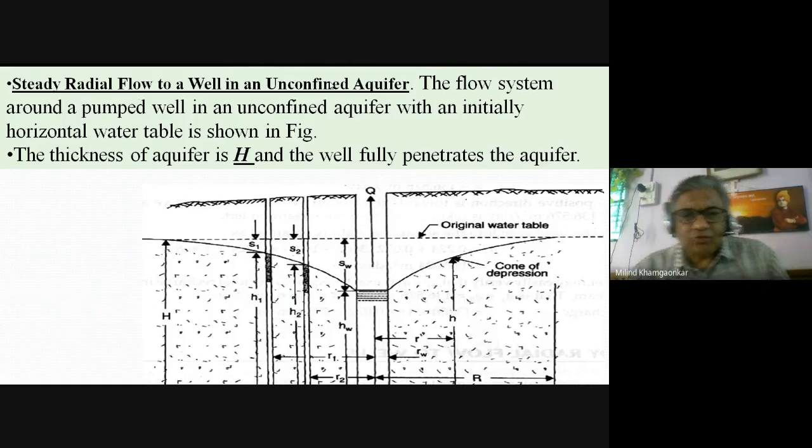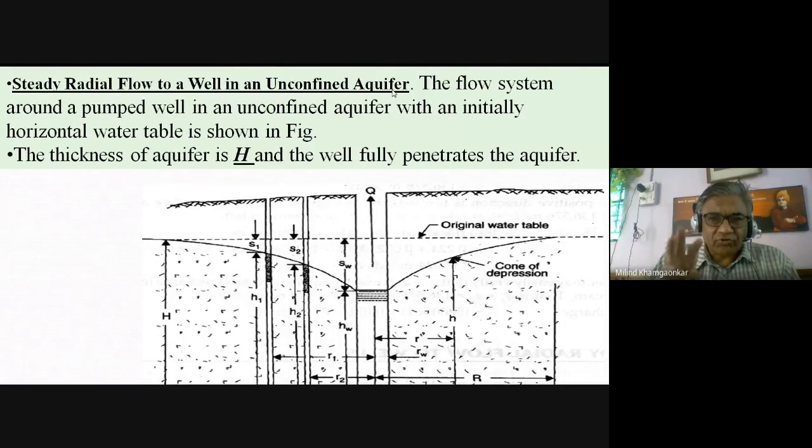There are two derivations we will be trying to understand. They are very simple, not difficult, with this knowledge of the depression head, the drawdowns and the cone of depression. The steady radial flow to a well in an unconfined aquifer. Numericals come on both, they are not very difficult. If it seems a bit difficult at the start, we will have a revision in our next lecture.